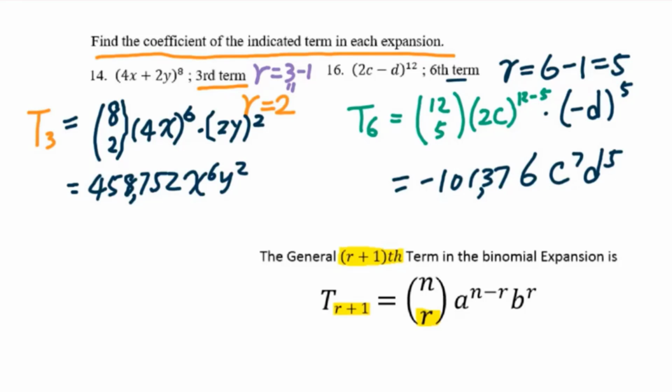The answer will be negative 101,376, c to the 7th d to the 5th power. So the coefficient will be this one.